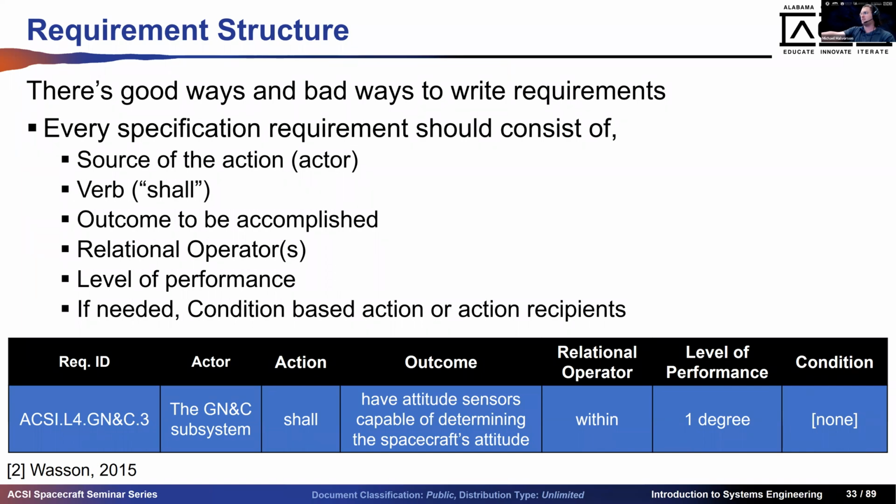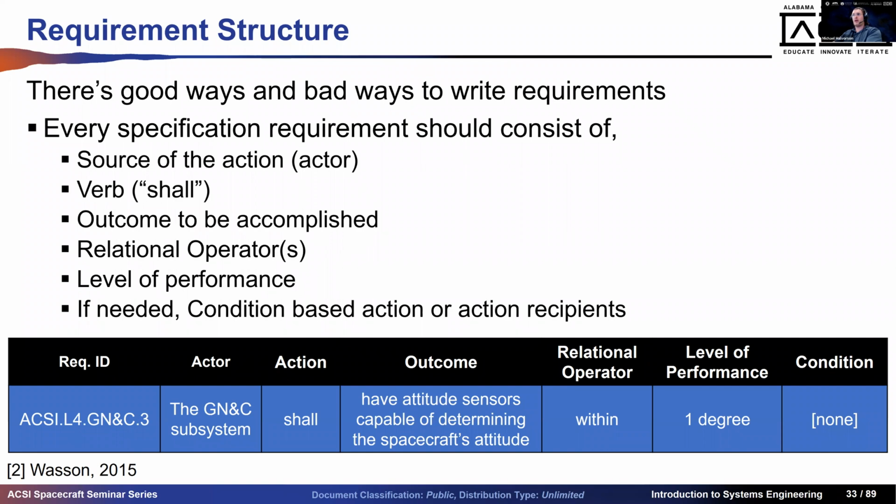The GNC subsystem shall have attitude sensors capable of determining the spacecraft attitude. That is the outcome, within 1 degree. So within is the relational operator, and the level of performance is 1 degree. If you have a function, capable of determining the spacecraft attitude, plus a level of performance, you have a capability. Capability is function plus level of performance. You see the word capable in there. That's intentional.